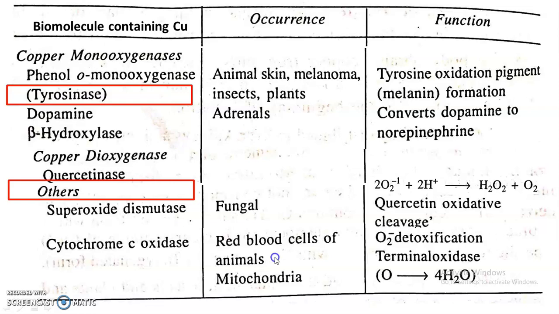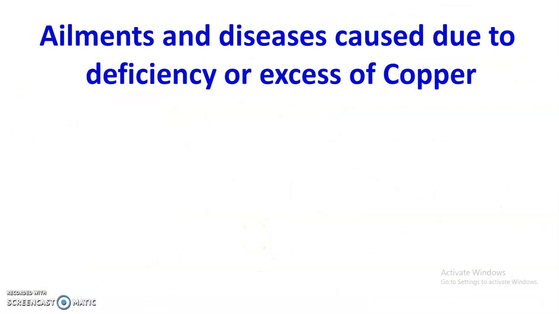Now at the end we are going to discuss ailments and diseases caused due to deficiency or excess of copper. Since copper is present as an essential constituent in many metalloenzymes, problems arise when it is deficient or in excess.